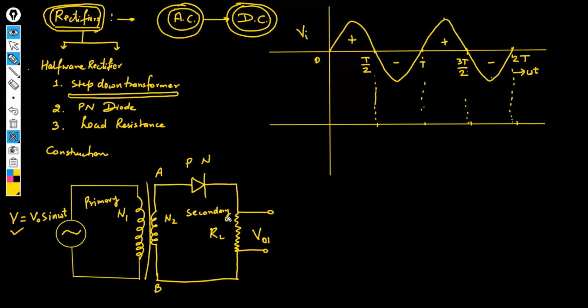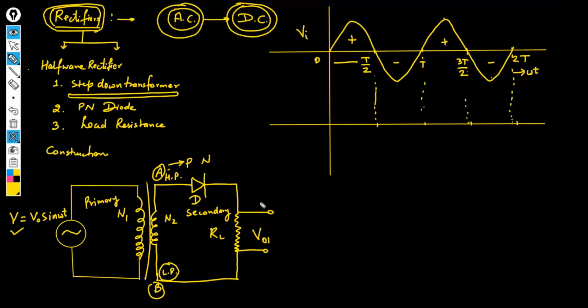Let's say for the first half cycle, 0 to T/2, A is at higher potential and B is at lower potential. Now A is connected to the P part of the diode and N is connected to B, lower potential. So this PN diode is in forward bias.